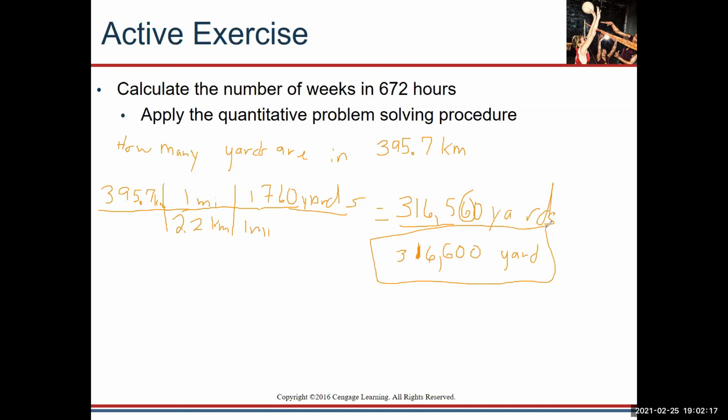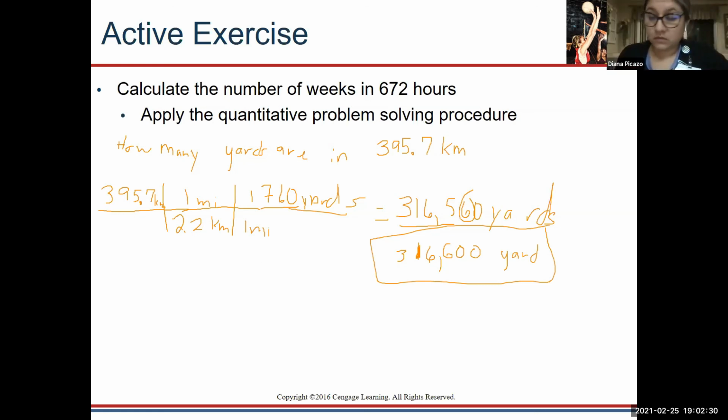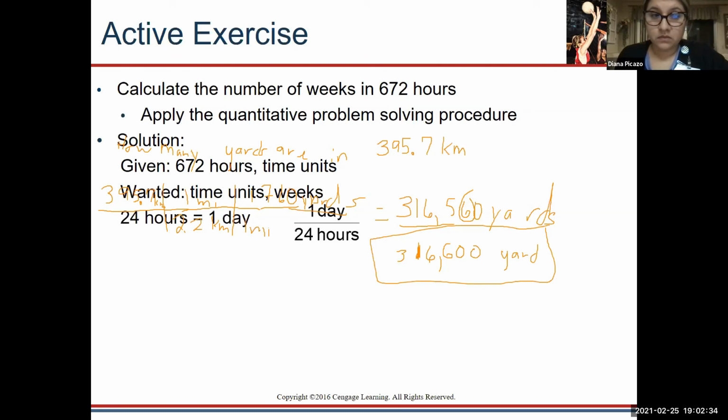Part of me wanted to drop them off after I rounded. Okay, questions, concerns?